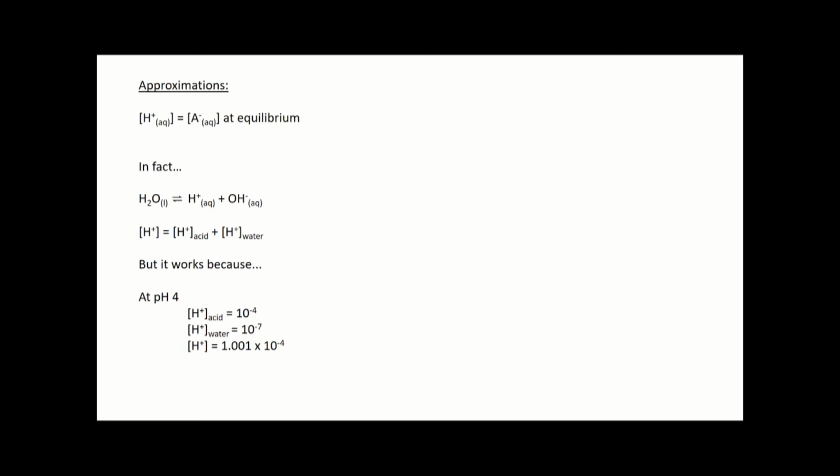These are in moles per decimeter cubed, and that means that the actual concentration of H plus is going to be 1.001 times 10 to the minus 4. So you can see there's not really much difference in that calculation. And actually, when we're talking about how many decimal places away it is, how often do you write something at A level to more than 2 decimal places? So it works as an approximation. There's a tiny bit of error there.